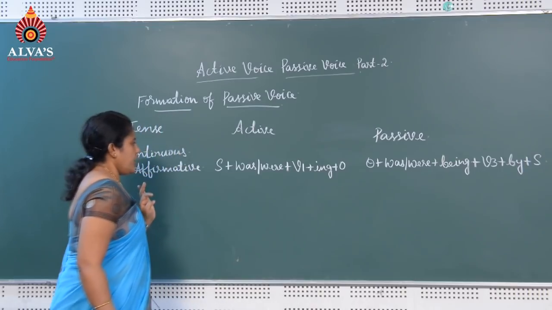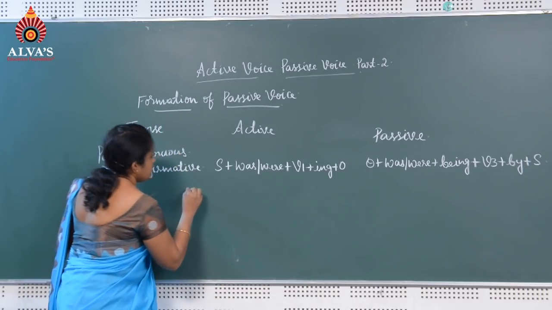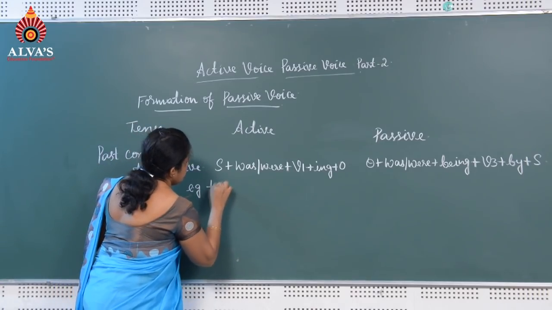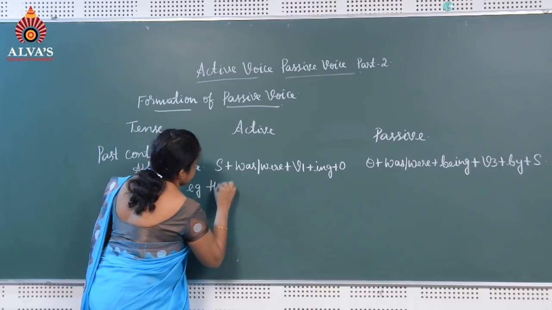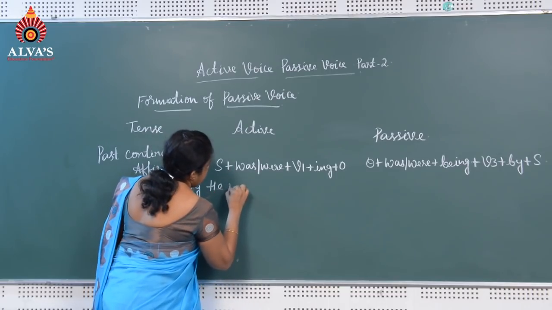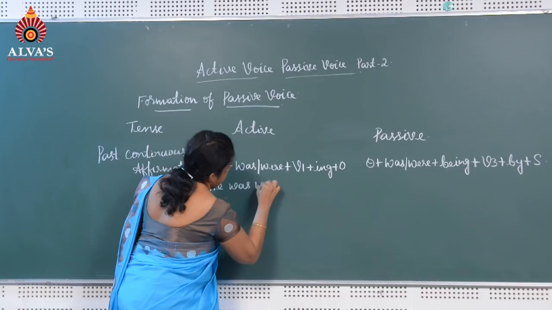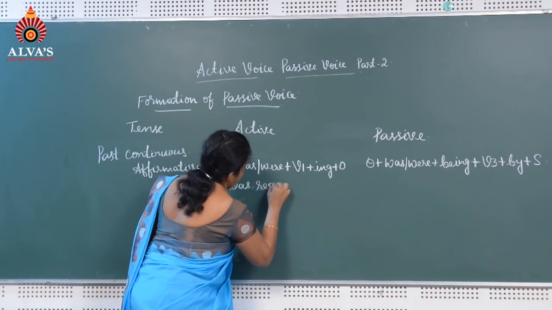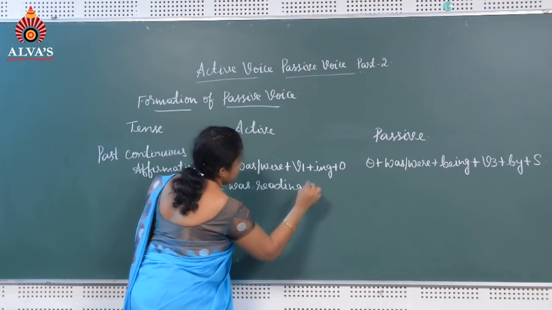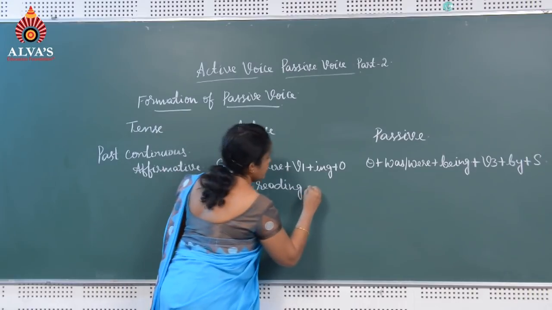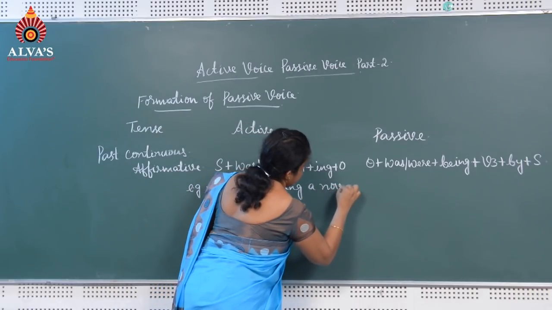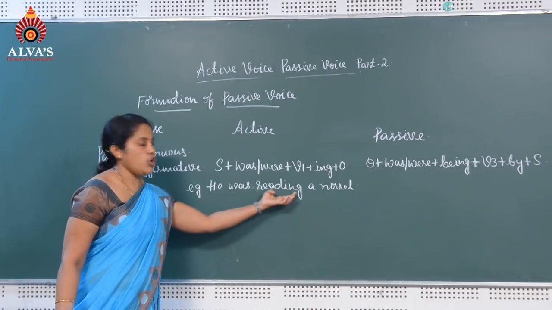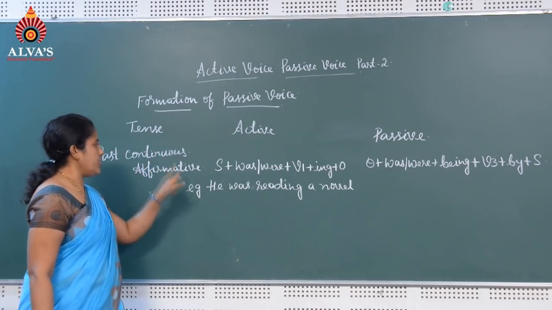So, if we take an example, he was reading a novel. This is an active voice. He was reading a novel, past continuous.